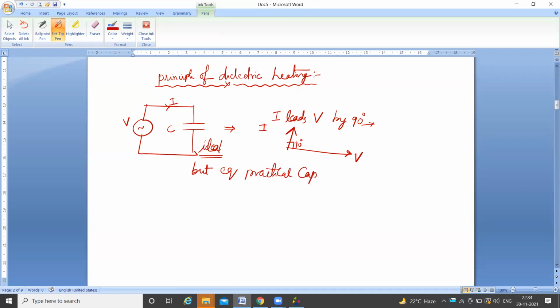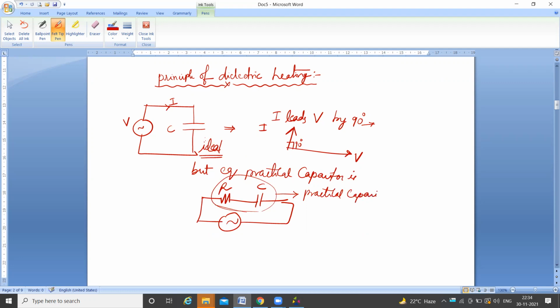A practical capacitor is a resistance followed by a capacitor, with some R and C. Now if we apply the voltage across this practical capacitor, observe, the series combination of R and C is the practical capacitor.